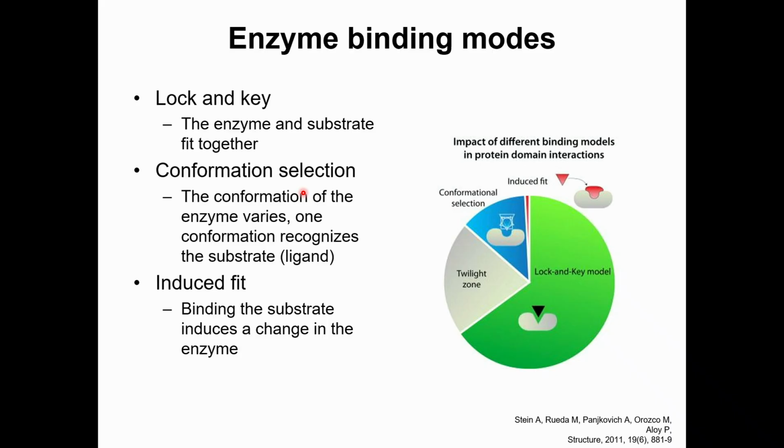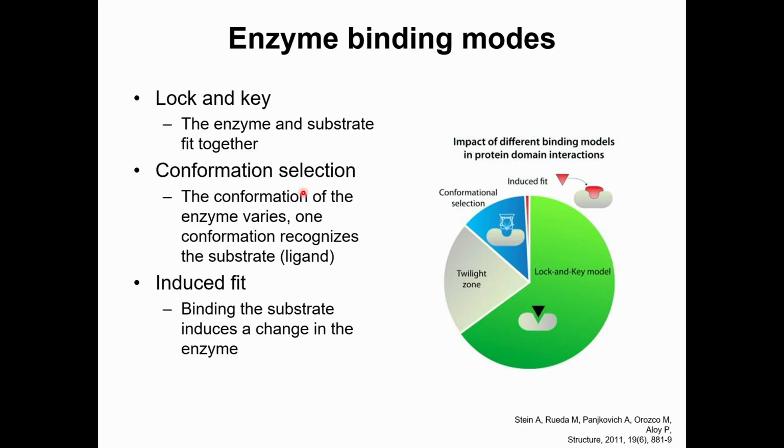There are other cases where what's going on is called induced fit. The enzyme never quite has the active structure, but once it binds the substrate, that interaction induces the enzyme to change its structure slightly, and now it can become a catalyst.